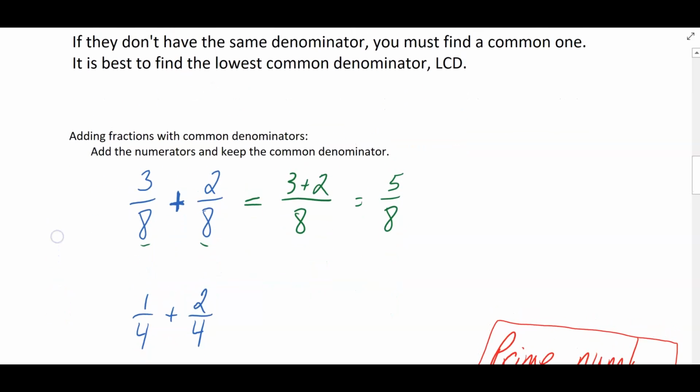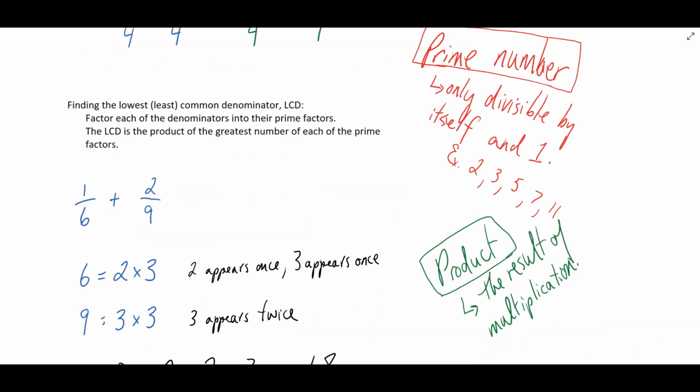I'll ask you to pause the video and find the sum of 1/4 plus 2/4. And so, since the common denominator is 4, we will keep the common denominator of 4. I will add 1 plus 2, and I get 3/4. So adding fractions with common denominators is pretty easy.